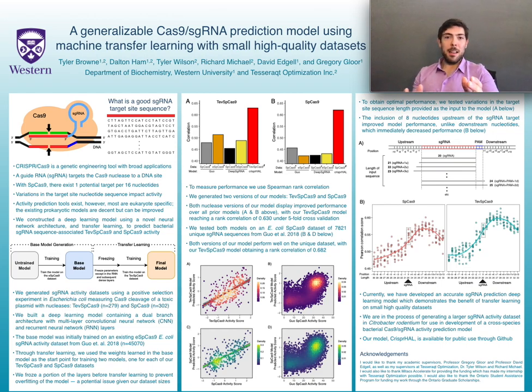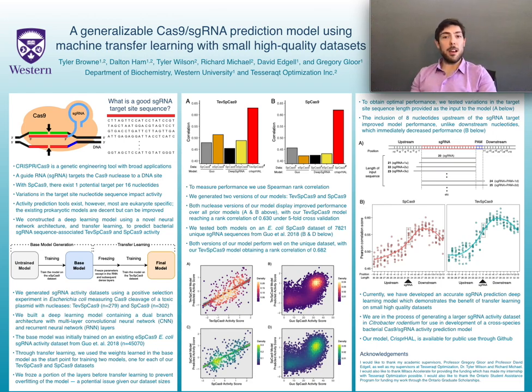Moving to the center, one note is that the performance metric that we use is the Spearman correlation coefficient, which reports a statistic measuring the rank order of model predicted activities for each sgRNA versus their experimentally determined activity rank.